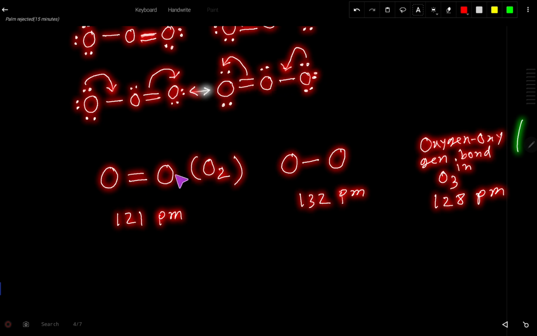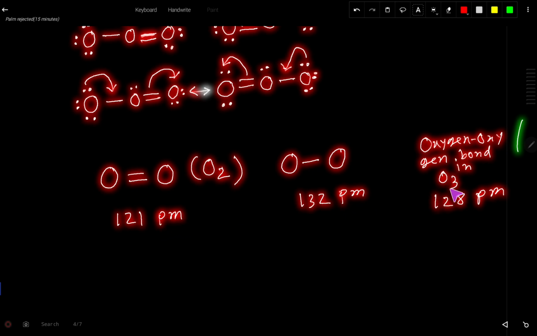Look, in the oxygen molecule the length of the double bond is 121 picometer, and the oxygen single bond is 132 picometer. We get this from experiment. But in ozone, the oxygen bond is 128 picometer. That is, this bond length is the average of this and this, right?